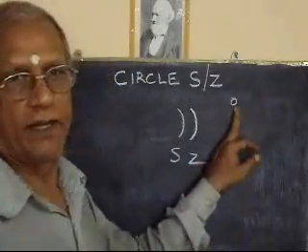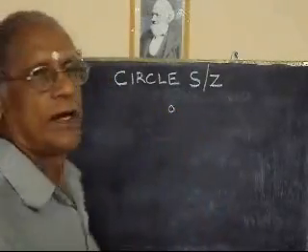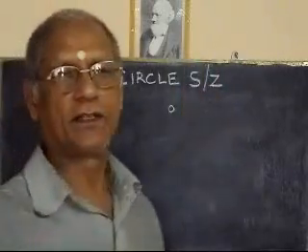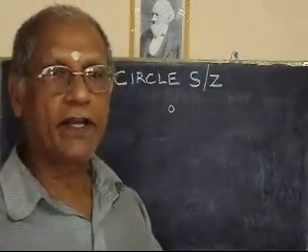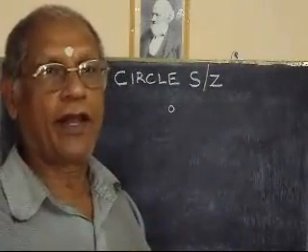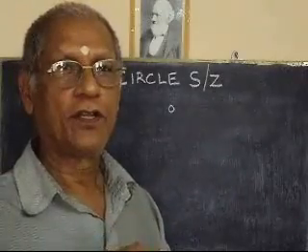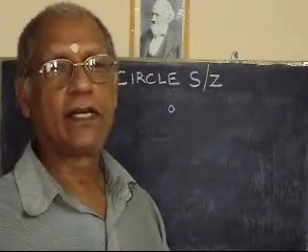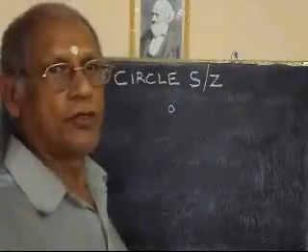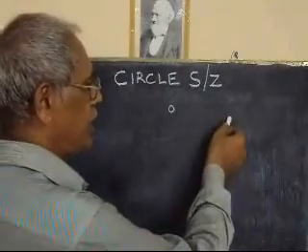A small circle represents S or Z. That means we are providing a new device, an alternative way of representing the consonant S or Z.